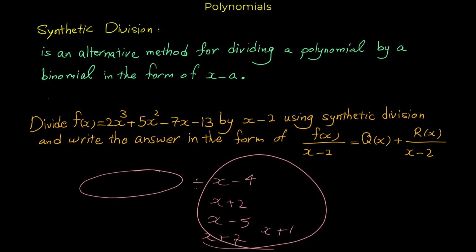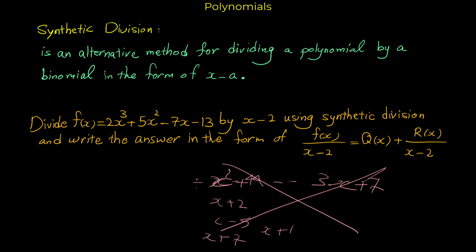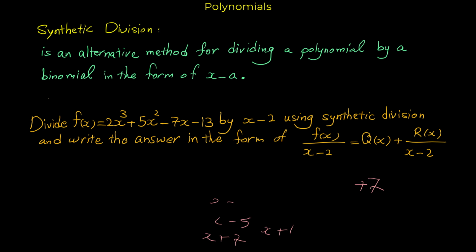So you cannot apply synthetic division to divide a polynomial by something like x to the 2 plus 4x or 3x plus 7. No, you cannot use it for any division. It only works when you want to divide a polynomial by something like x minus or plus a number, something in the form of x minus a.